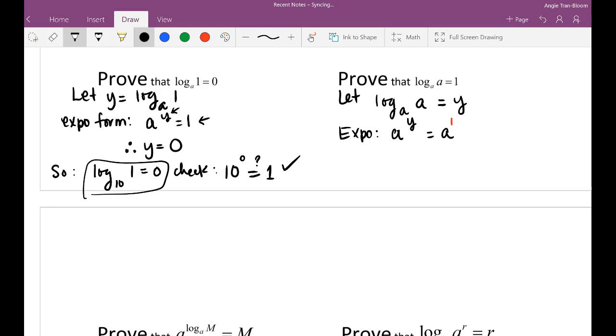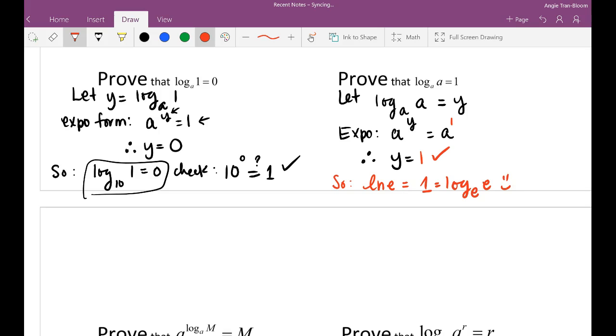Of course. That has to be true. So therefore, y has to be 1. Okay? And this is always true. So how about ln of e? Remember, ln of e, we said it equals 1 because ln of e is log base e of e.